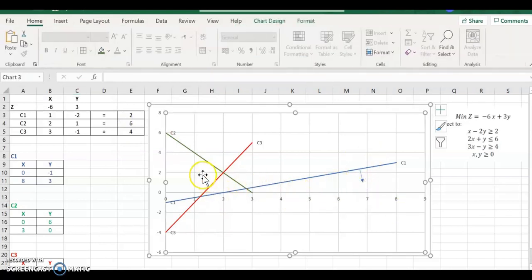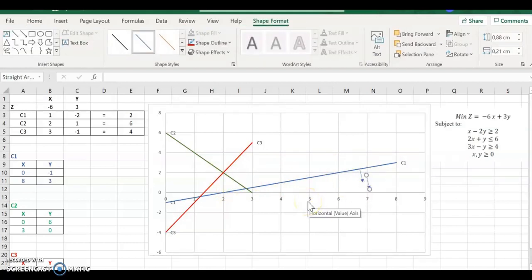For the third constraint, it's going to be the same. It's going to be facing the same way as the first constraint, facing this area here. For the second constraint, however, it is a less than or equal constraint, so it's going to be facing the area heading towards the origin, so it's going to be facing the left hand side, this area.